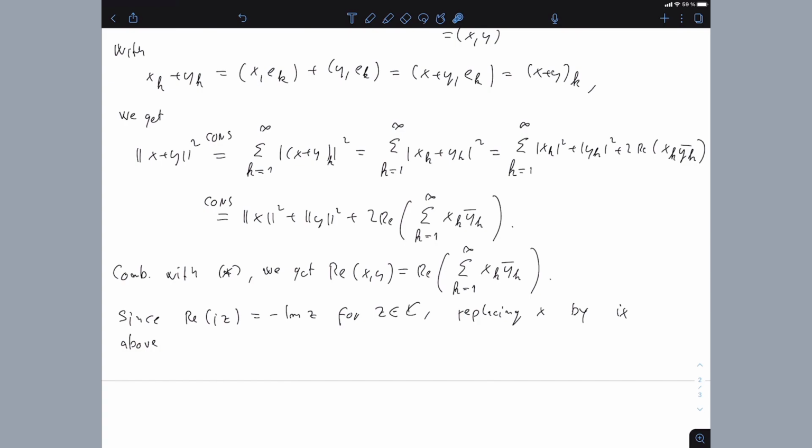We have shown this here for arbitrary x and y, so I can just insert ix instead of x.